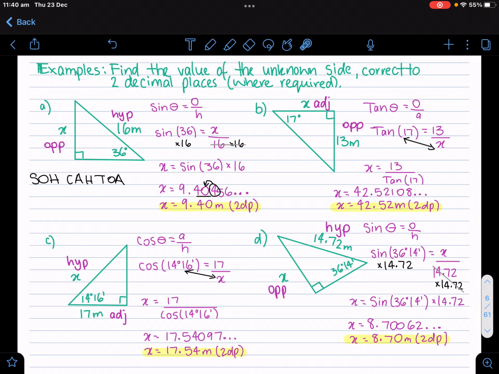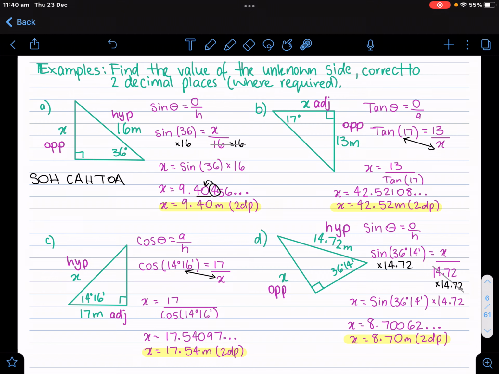Now again, I get a decimal that doesn't terminate. It continues on. So I need to round off to 2 decimal places. So here, 7, 0, and then there's another 0, so that remains as 8.70 meters, 2 dp. That's the value of the unknown side there.